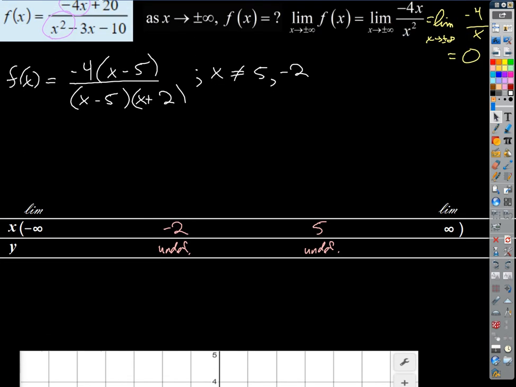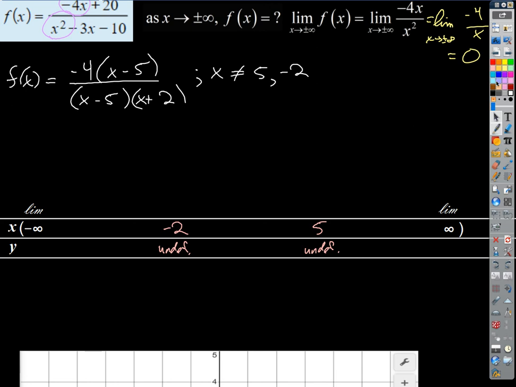Okay, so let's explore this a little bit. What's going to happen as x approaches, these are the values that we can't have, right? What's going to happen as we approach a value of negative 2? Let's take a limit and see what happens.